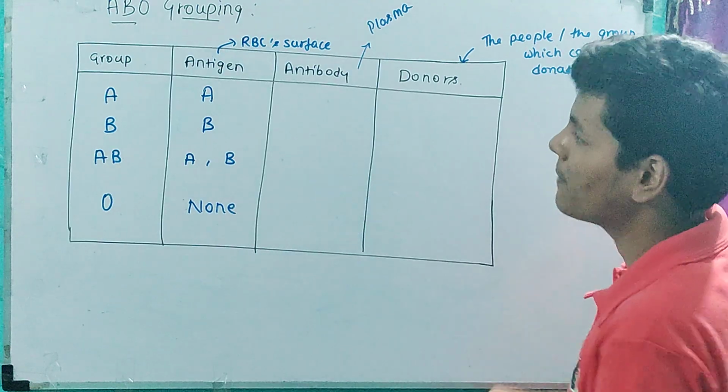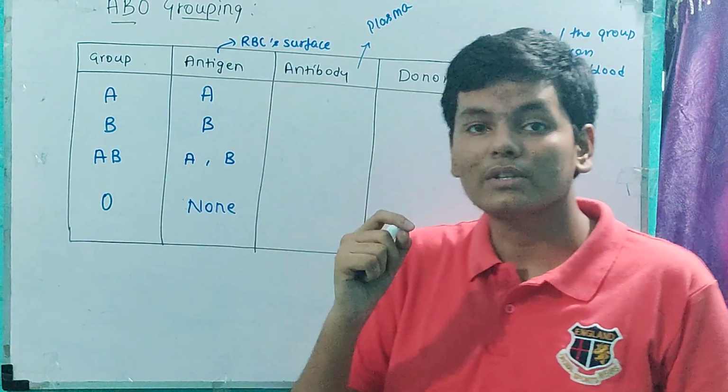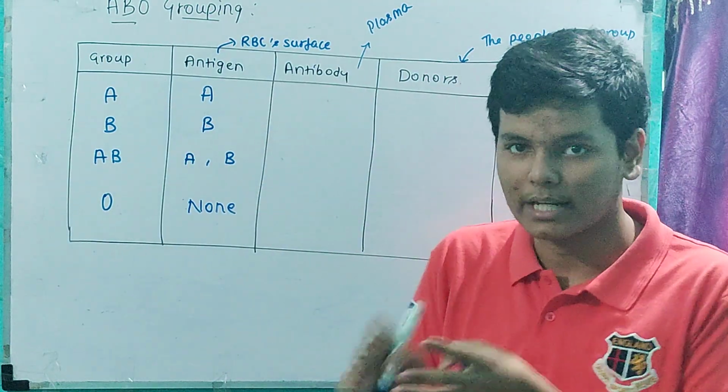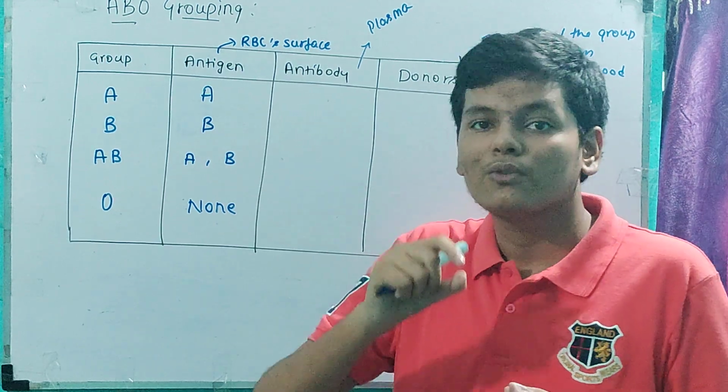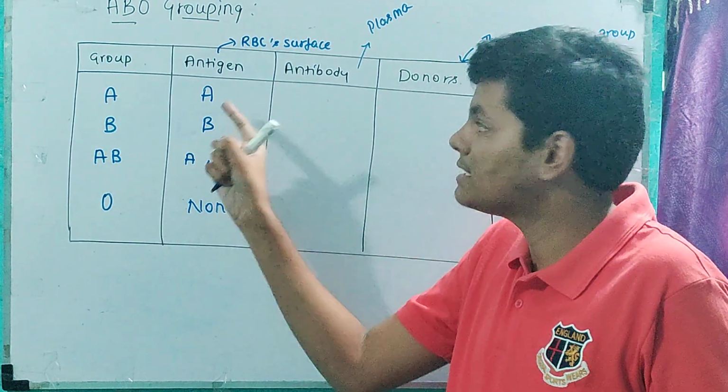Then we have antibody. If you try to recollect what I said about antigen and antibody, I said that the body will not produce an antibody for an antigen which is already present in the body.